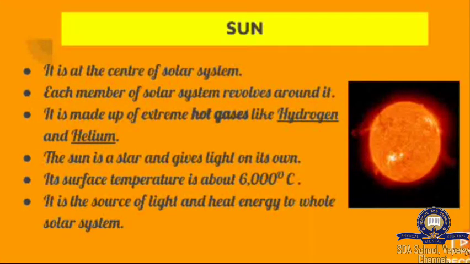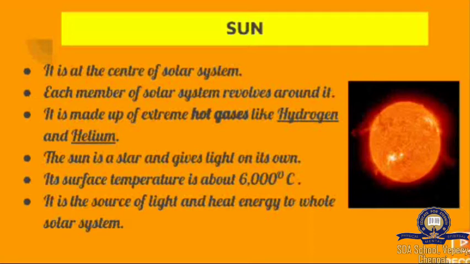Sun. We know what a sun is. Sun is the center of the solar system and all the other planets go around it. Each member of the solar system revolves around the sun. And that's how we get the sunlight.